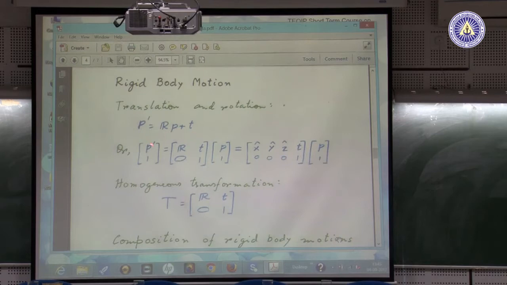Then you can say that the new point with this extra one hanging below it is equal to this 4 by 4 matrix into the old one with a similar one hanging below. Okay. Now, this 3 by 3 matrix, in that it is orthogonal, you can say that these are analogous to x, y and z unit vectors of some coordinate frame.